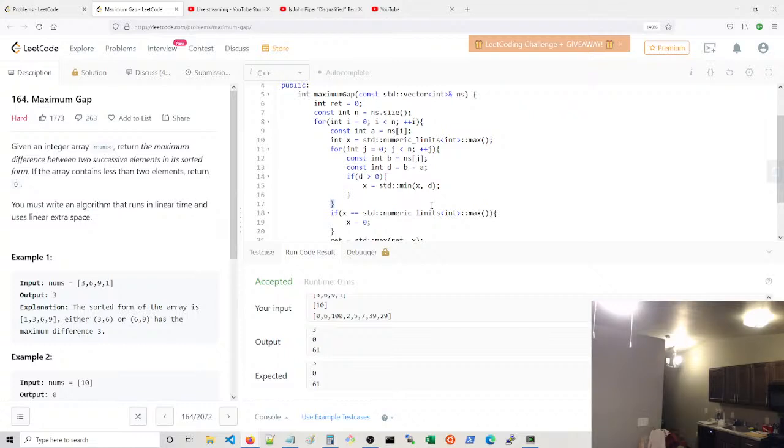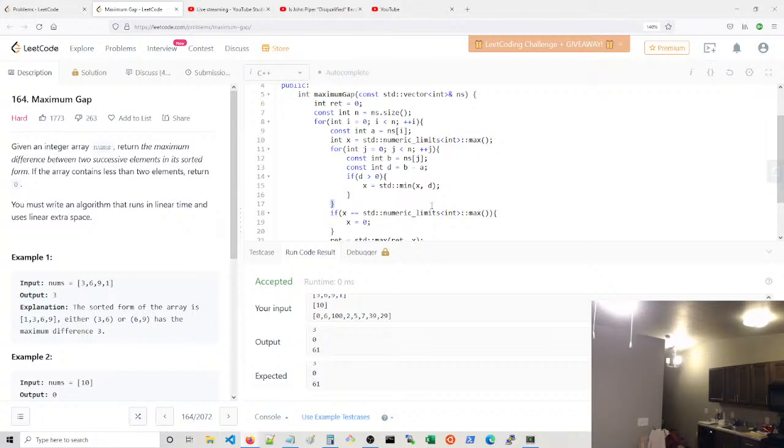So each number has a sequence of larger numbers, and the smallest of those larger numbers is what we want. And we can take the difference. So I don't know what numbers we could use that would be helpful here, what extra memory we might want to use.